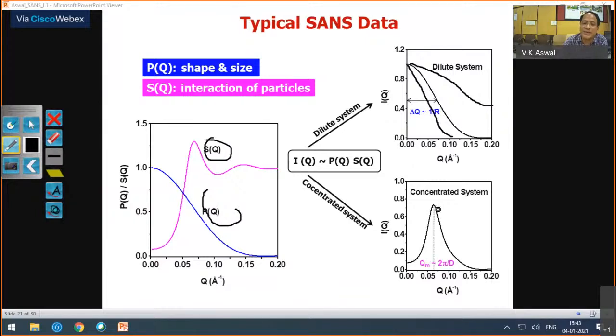The first correlation peak will be observed, and the others are difficult to see because this gets multiplied with a smaller number here. So most of the time, correlation peak 1 and maybe some harmonics. And if you have an ordered system, then you can see some other peaks with much decreased intensity. So these will be the typical kinds of scattering patterns we will see in small angle scattering.